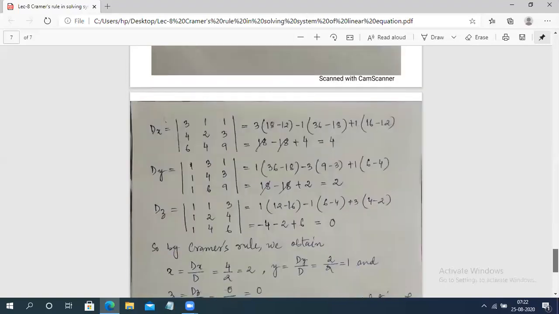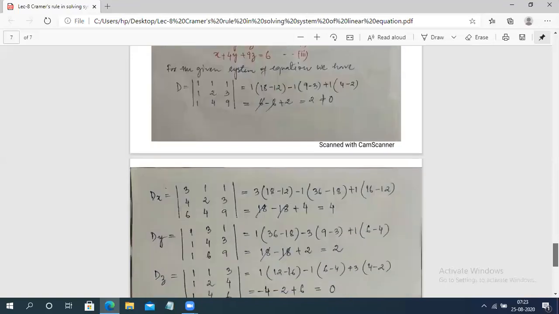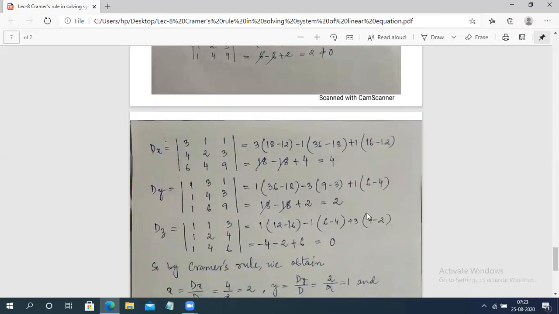To find dx, replace the first column, the coefficients of x, with 3, 4, 6. So write 1, 1, 1 as 3, 4, 6. The second and third columns will have no change. Then find the value of the determinant, and we'll get dx. Similarly, find dy. That means you are changing the coefficient of y column into the constant terms 3, 4, 6.